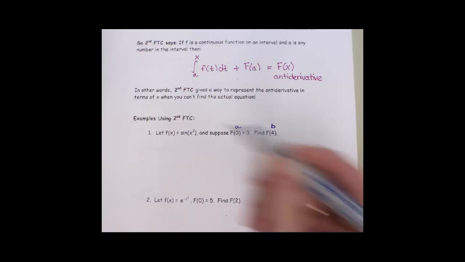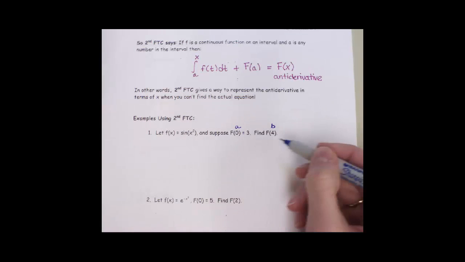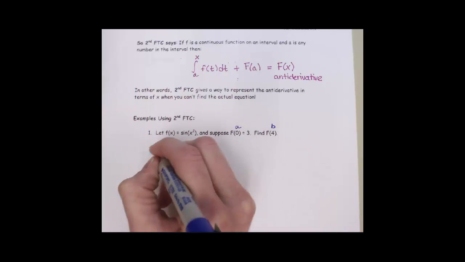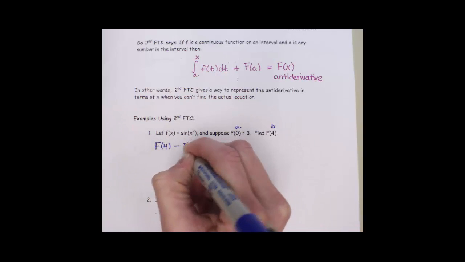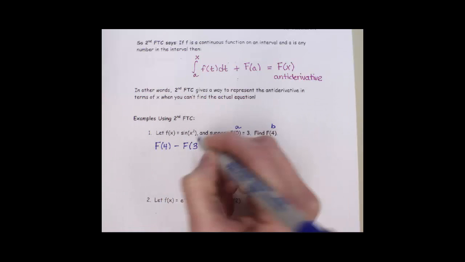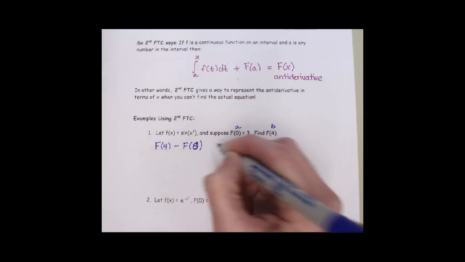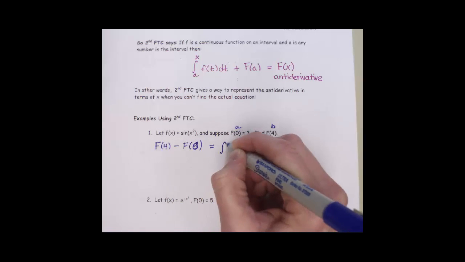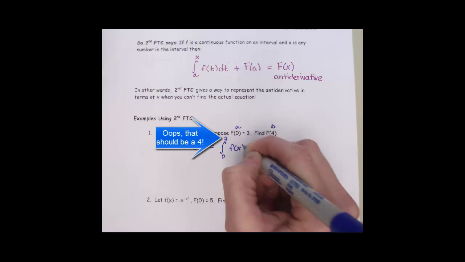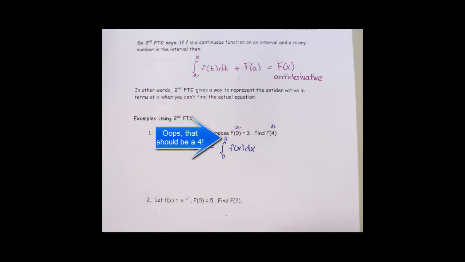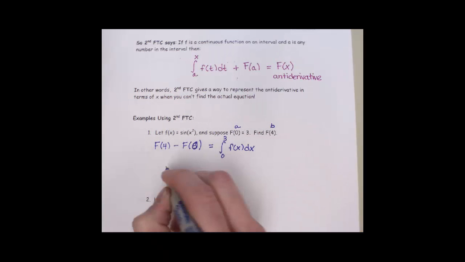This is actually the regular fundamental theorem because they gave us a 4 here, not an x. So we would say F of 4 minus F of 0 is equal to the integral from 0 to 4 of lowercase f of x dx. Okay, so we know that F of 0 is 3.